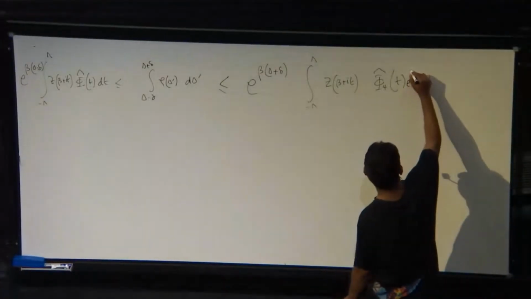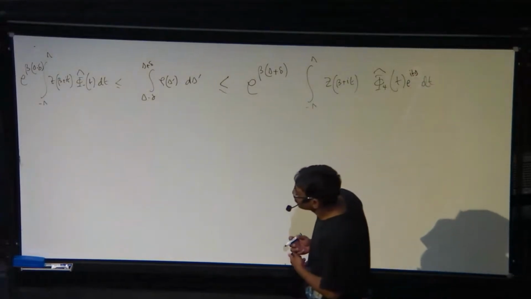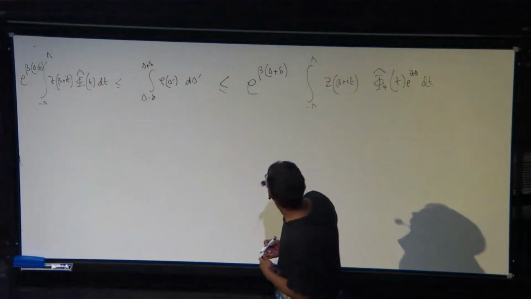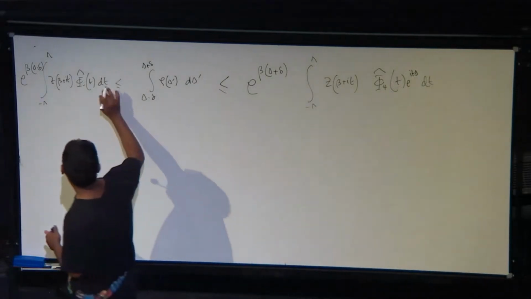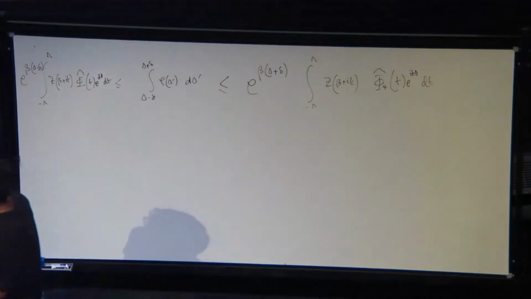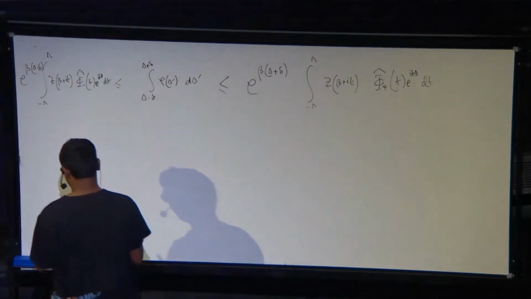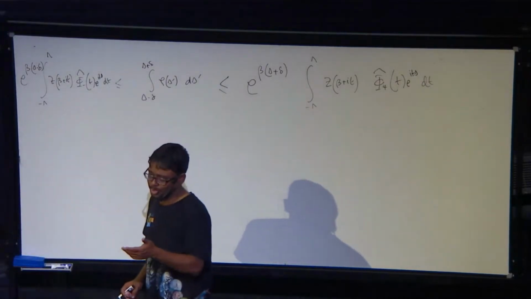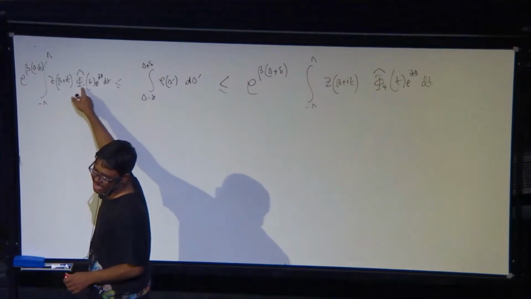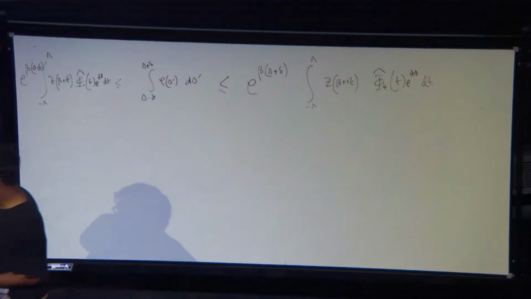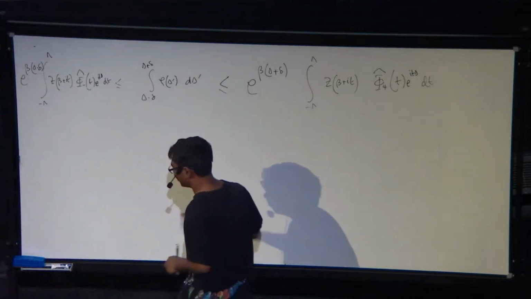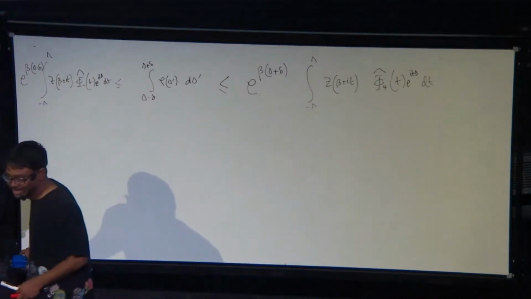But what you can do, you can also redefine your phi hat minus t so that it gets absorbed, so that this is centered at delta rather than 0. Yeah, I was a bit sloppy.